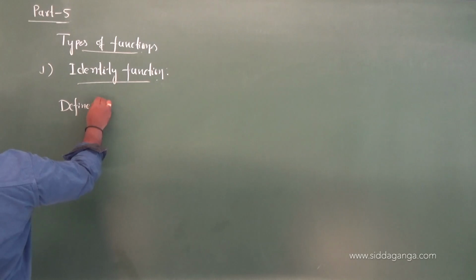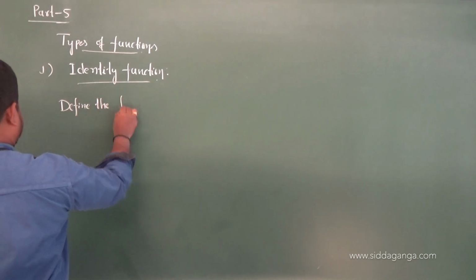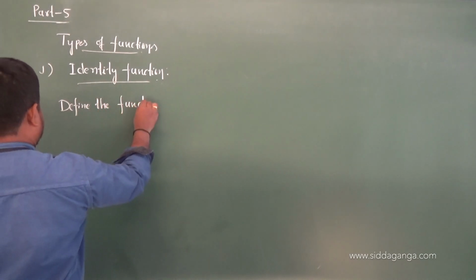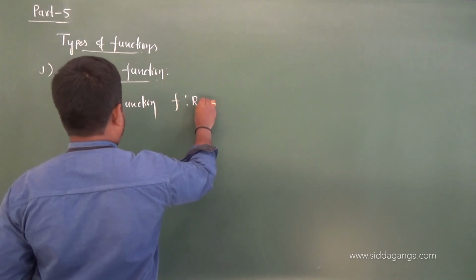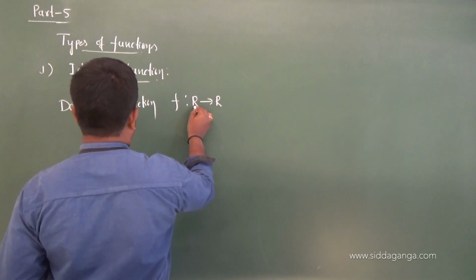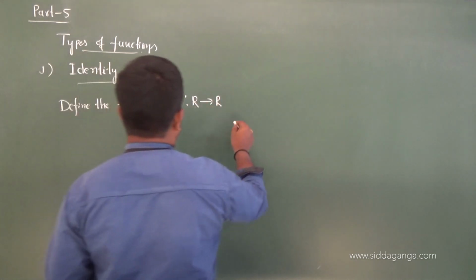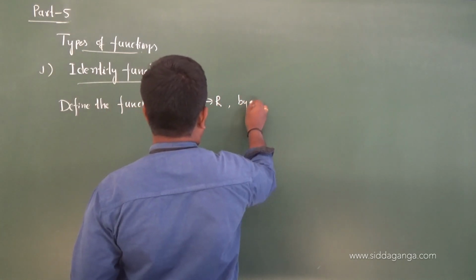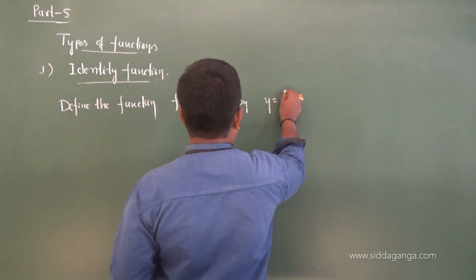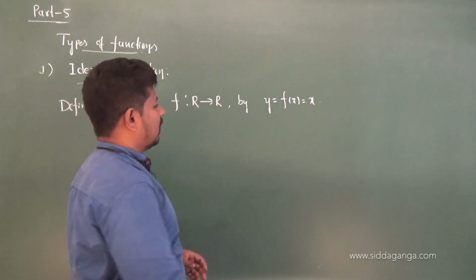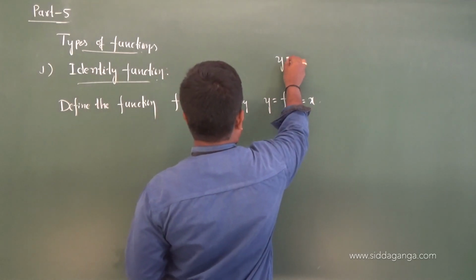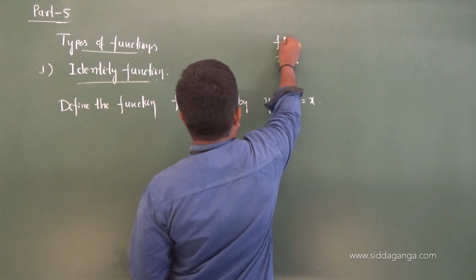Define the function f from R to R, R means set of all real numbers to set of all real numbers, by f of x is equal to x, or sometimes we write y is equal to x, or sometimes we write f of x is equal to x.